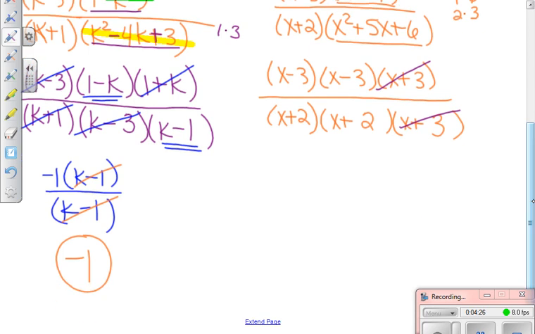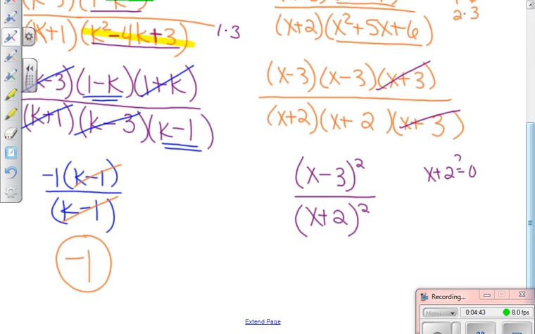So my simplified version is x minus 3, the quantity squared, or you can write it out like this, over x plus 2, the quantity squared. And my restrictions this time, remember we're thinking x plus 2 equals 0. What would make that happen? X cannot be -2. And so that is as simplified as that one gets.